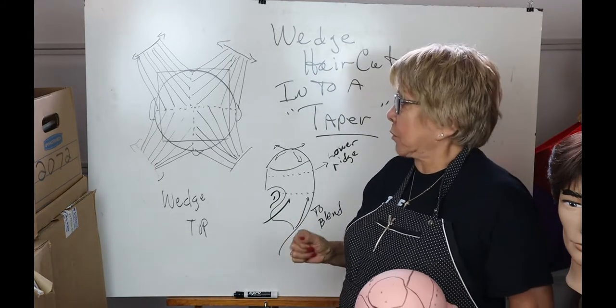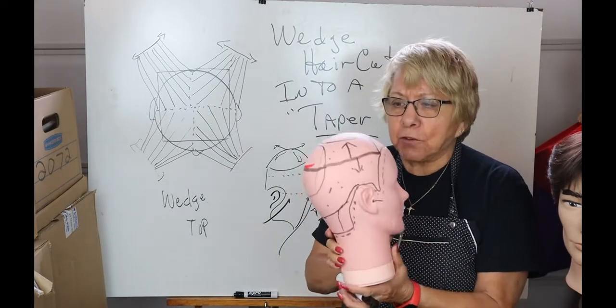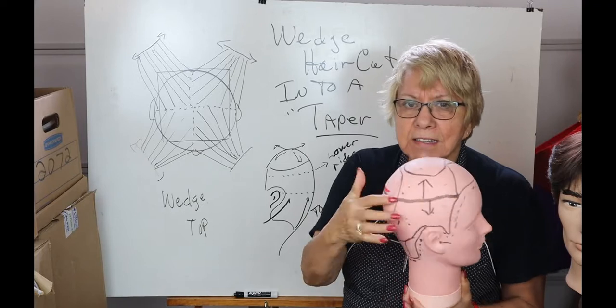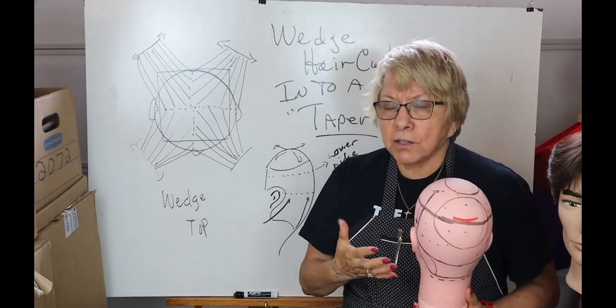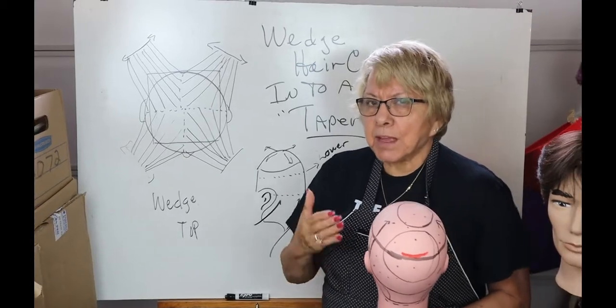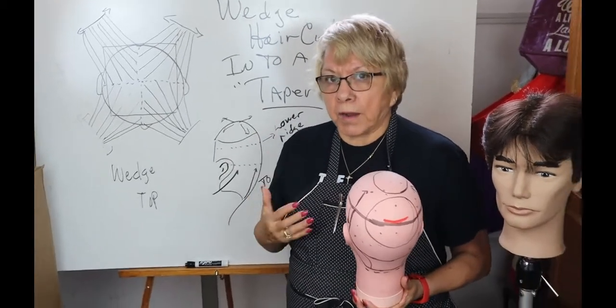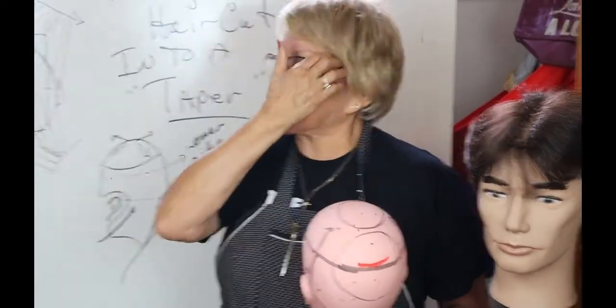The reason I want to review is, I don't care what videos you watch, if you know where you're at and you've got a name for it, there is no guessing. Even when I watch haircuts, just like you, I go back and see how they do it.